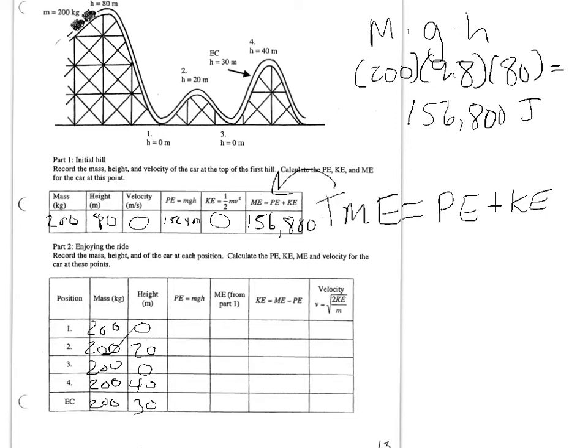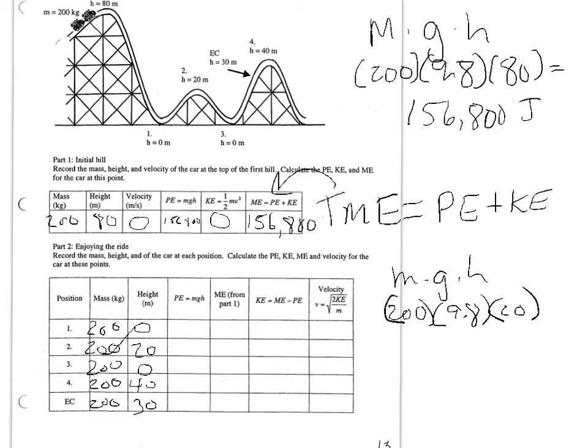Now you're going to do the same thing. For potential energy, you're going to just go ahead and do mass times gravity times height for each of those positions. So for example, for position 2, I would do mass times gravity times height, which would be 200 times 9.8 times a height of 20.